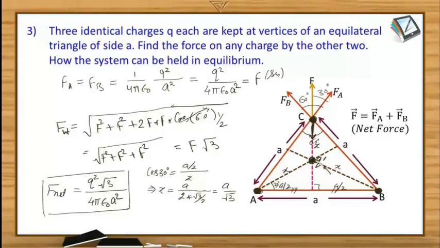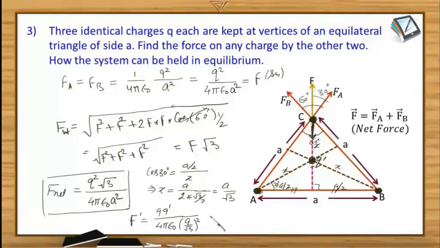So let this charge be q dash, negative charge. And the force between these two, q dash and the charge at C, say it is F dash, will be equal to q q dash divided by 4 pi epsilon naught into x square. So x square is a by root 3 square.